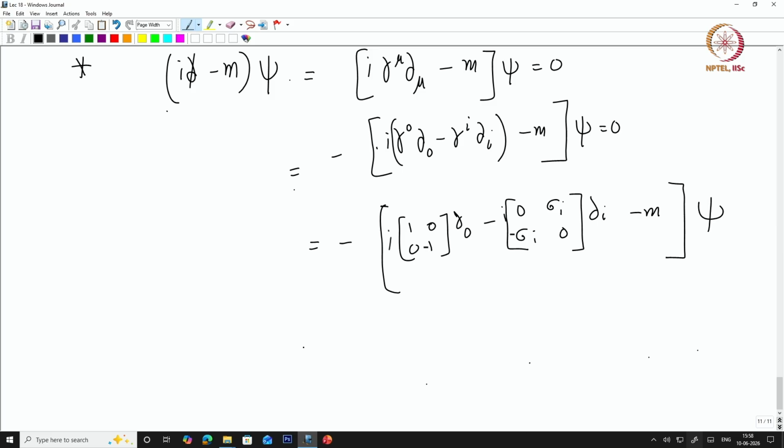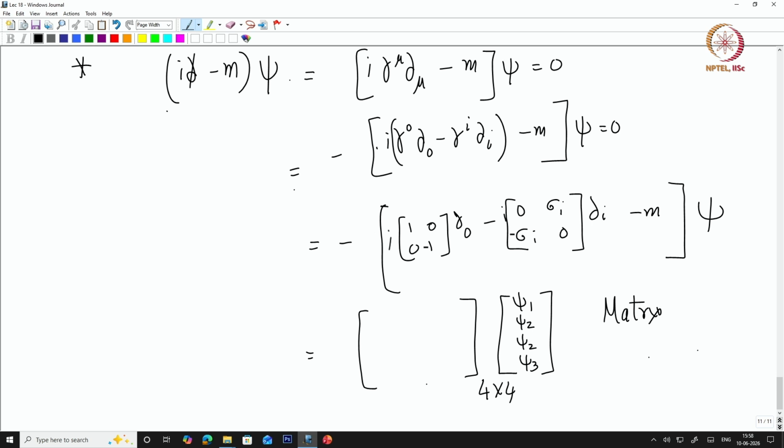So, essentially this is a 4 by 4 coupled matrix equation.